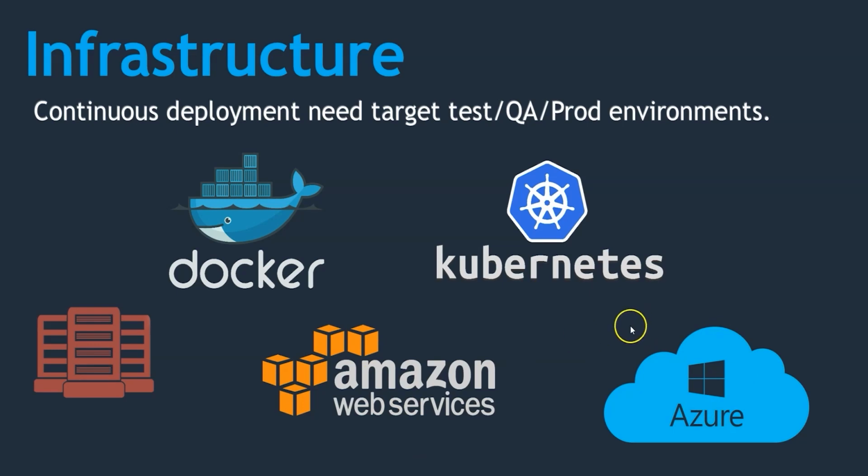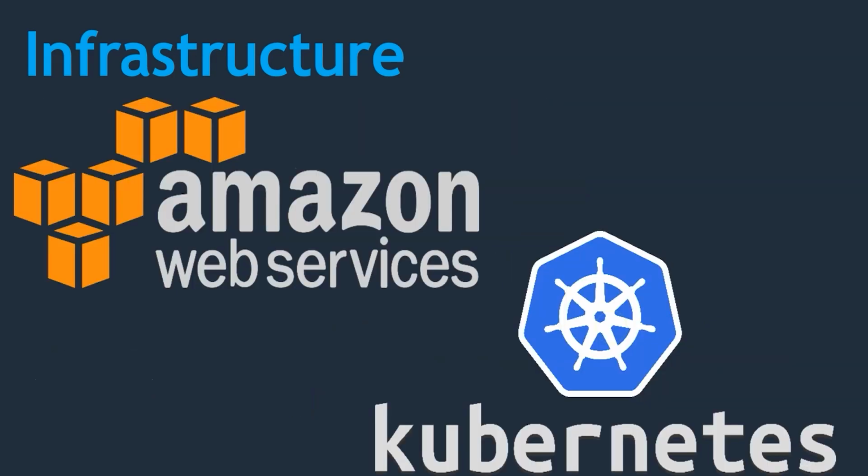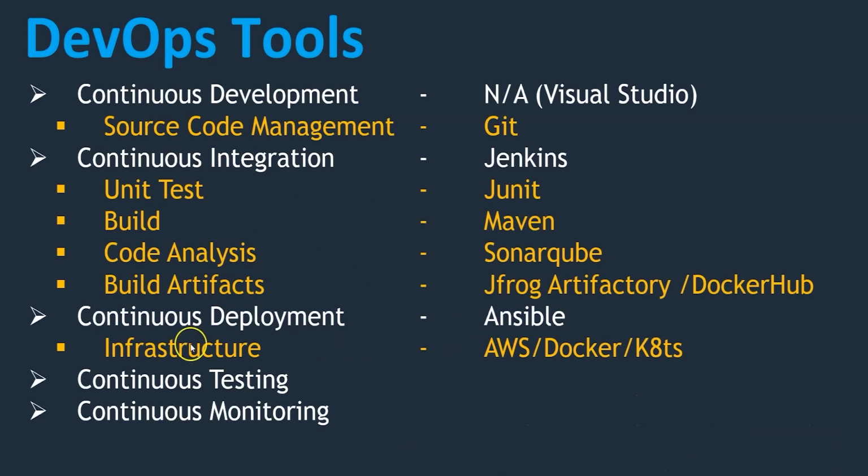Like that, we have various tools. Among these, we are going to use Amazon Web Services and Kubernetes. But teaching Amazon Web Services is not the scope of this training, but we are going to deploy on it. Later point of time, we are going to use Docker and Kubernetes. So here, infrastructure, we are going to use AWS, Docker, and Kubernetes.